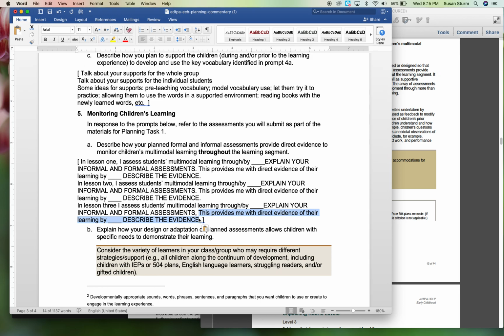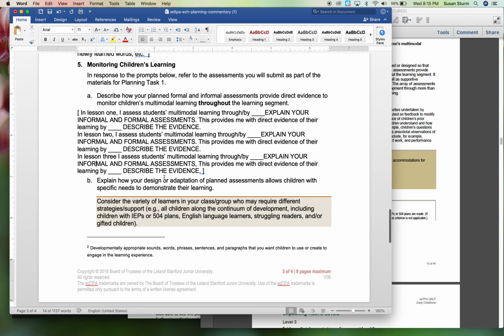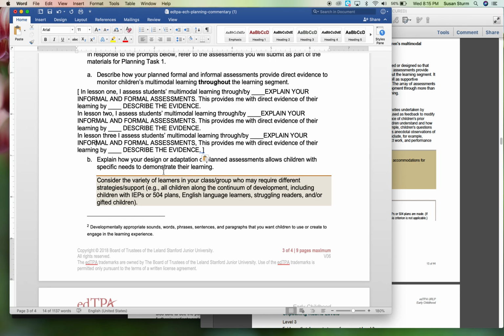So the evidence is they earn a 3 on their writing sample, and my rubric tells me that they have mastered that. So you need to be super explicit and clear in how all of your assessments provide evidence of learning and at multiple points. So I think lesson by lesson is the best way. And then finally, how are you adapting your planned assessments to allow children with specific needs to demonstrate their learning?